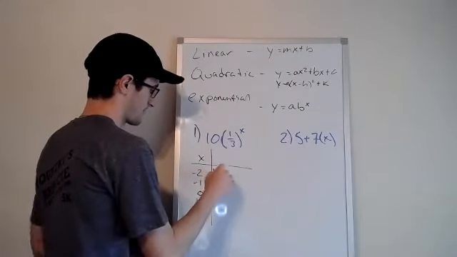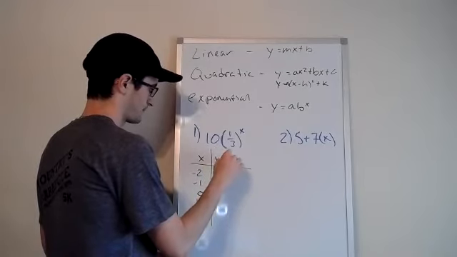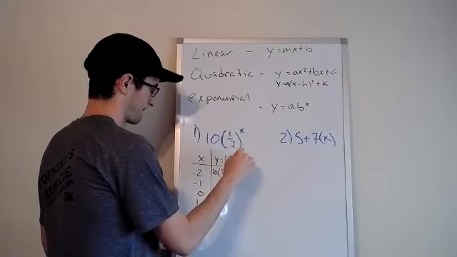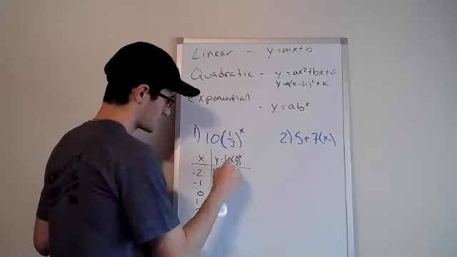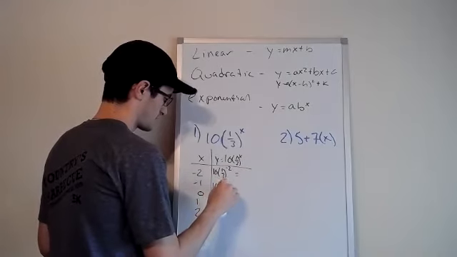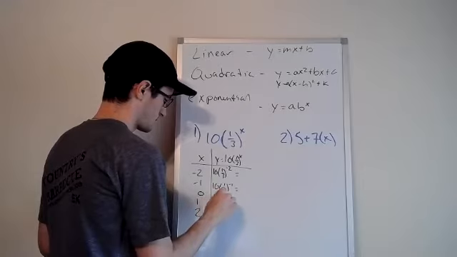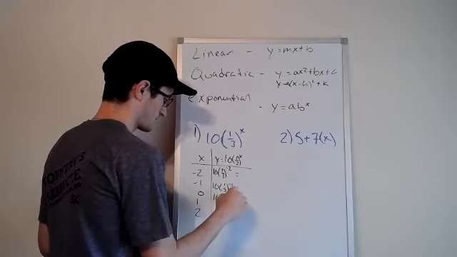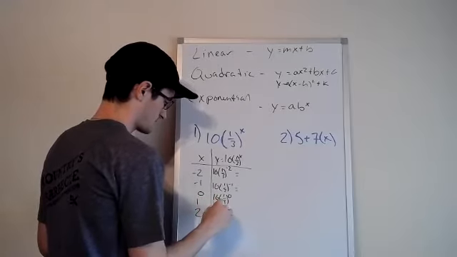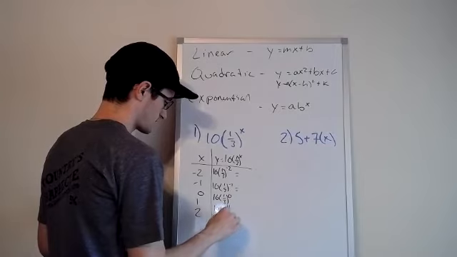So 10 times (1/3) to the -2, 10 times (1/3) to the -1, 10 times (1/3) to the 0, 10 times (1/3) to the 1, 10 times (1/3) squared.